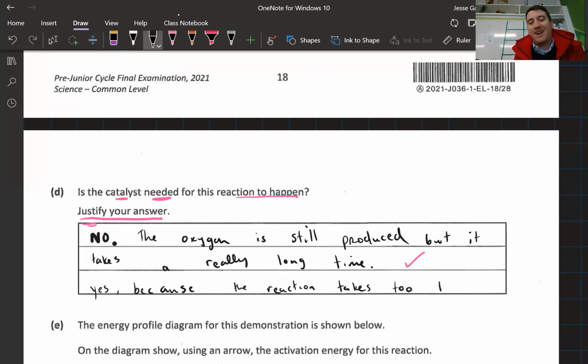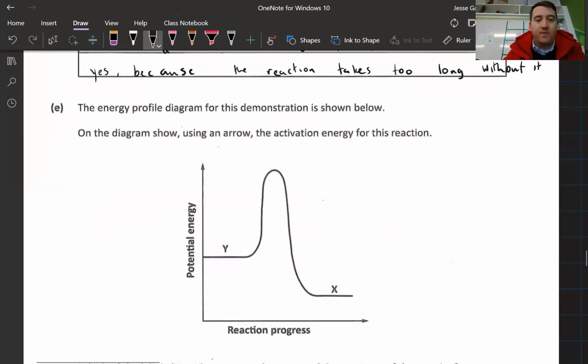So technically that is kind of true, too long without it, but it's just not that accurate. I saw they were accepting it on the marking scheme, so we kind of have to tell you about that, but I still think technically that second answer is kind of wrong. Okay, the first answer is the real correct answer there. All right, on to the next one.